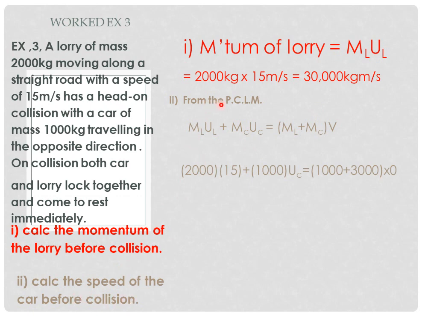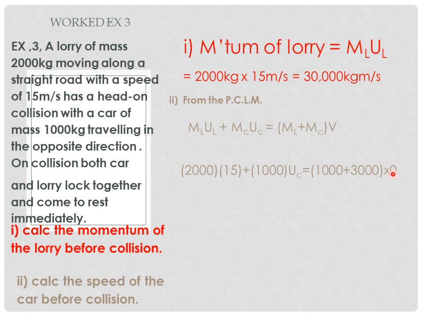We will employ what? The principle of conservation of linear momentum. The momentum of the lorry before plus the momentum of the car before is equal to the combined momentum of the system, because they were locked together, so we add their masses. Unfortunately, they came to rest. Coming to rest means their speed is zero.